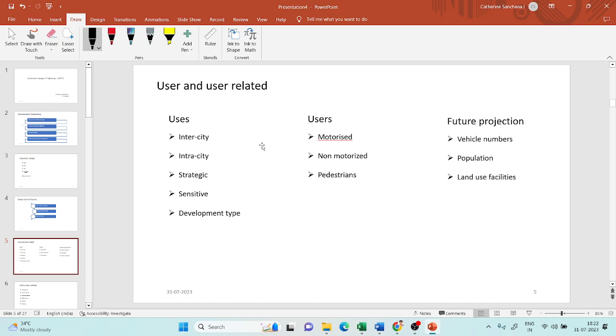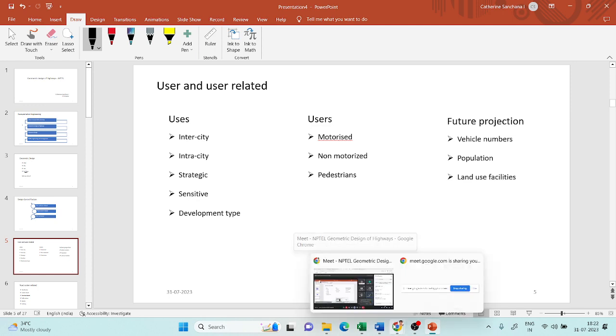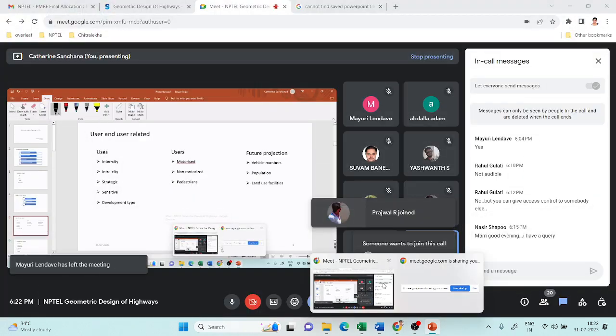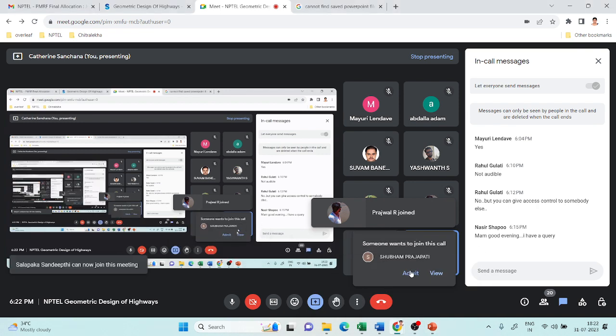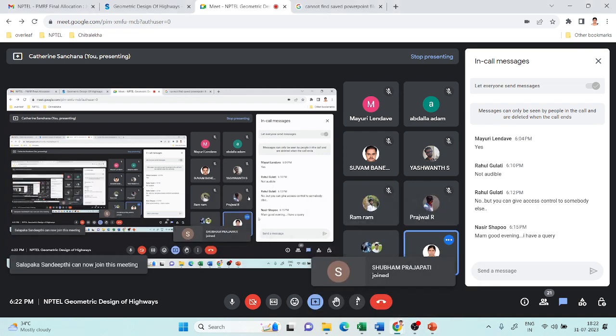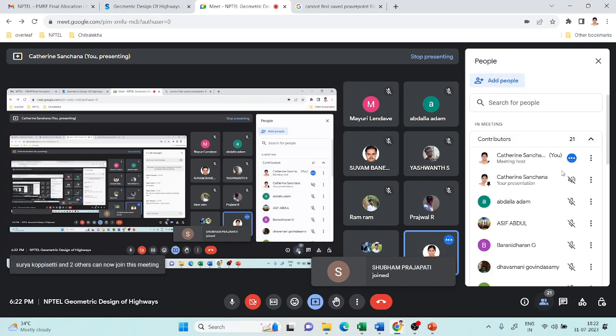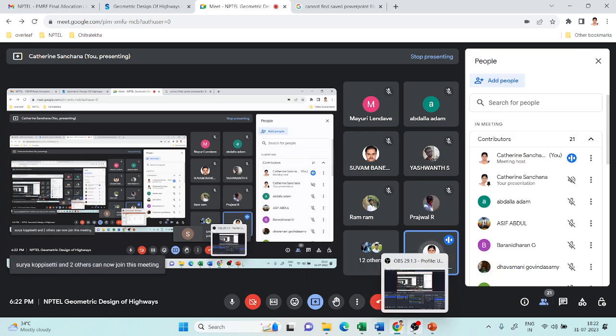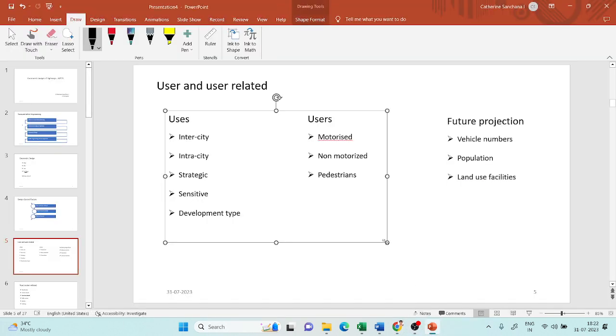So there are roads at the border of our country, and our country being in extreme locations such as snowbound locations, you should provide provisions for removal of snow, for safe movement of vehicles in regions of snow. So all these factors should be considered when you design the pavement.